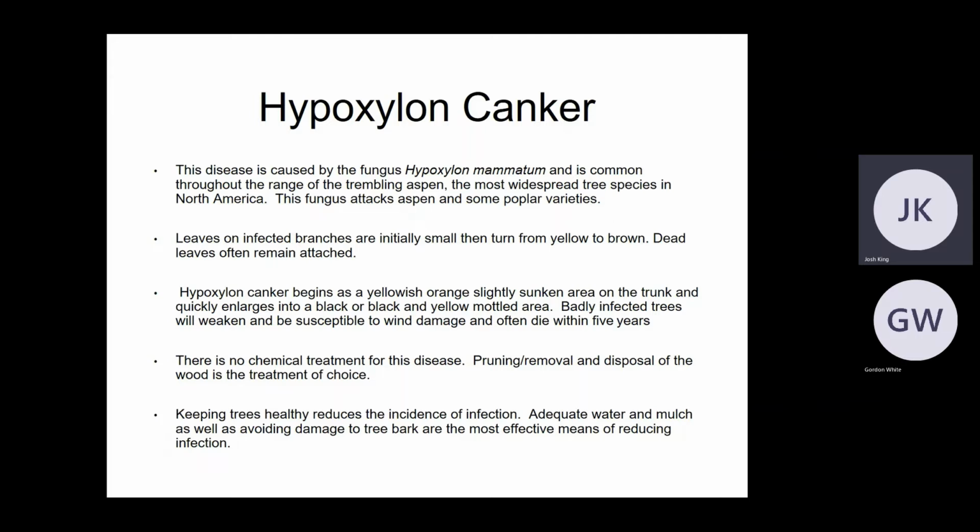So, similar fungus. Leaves are initially small, turn yellow to brown. Sometimes you can see a canker in the main stem without any effect on the branches at all. But typically, if the infection is right where a branch is coming out, that branch will die back. Yellowish orange sunken area, and black and yellow mottled.